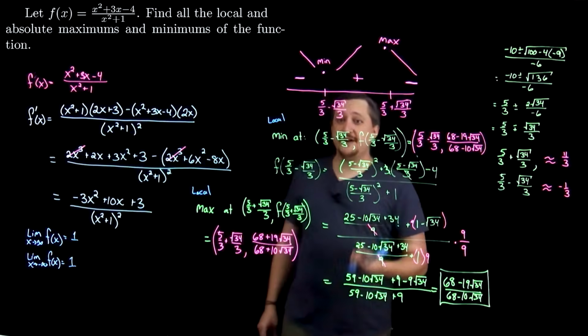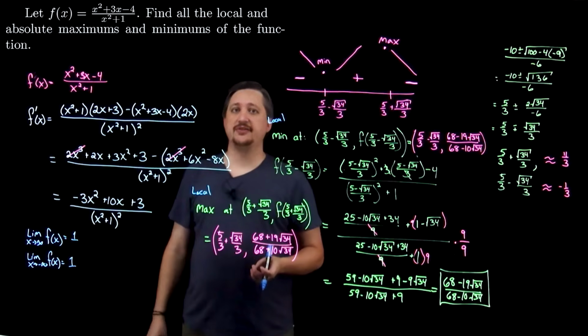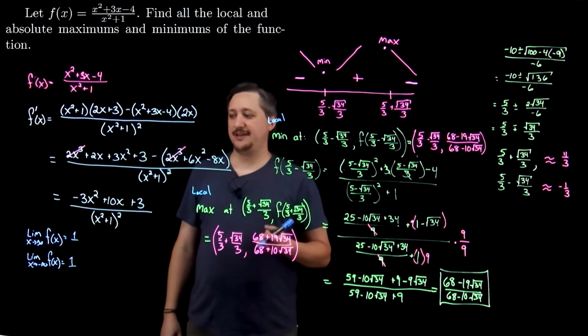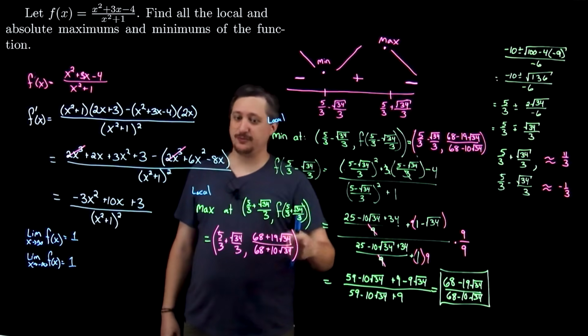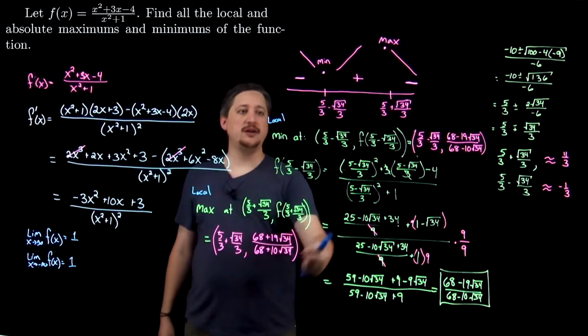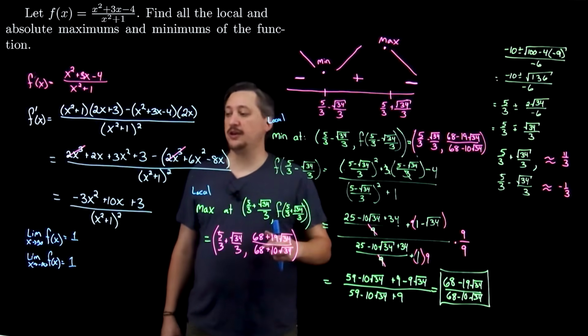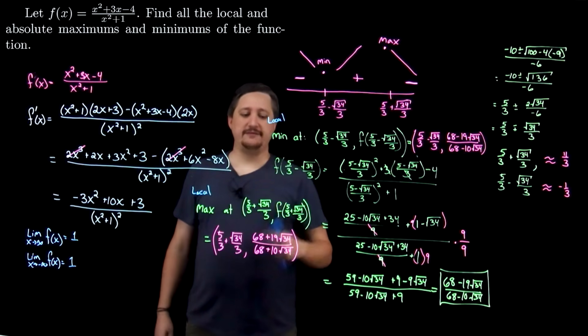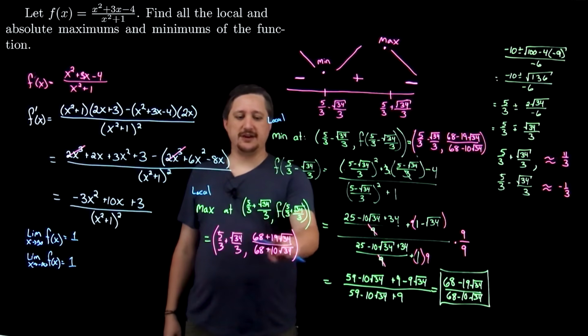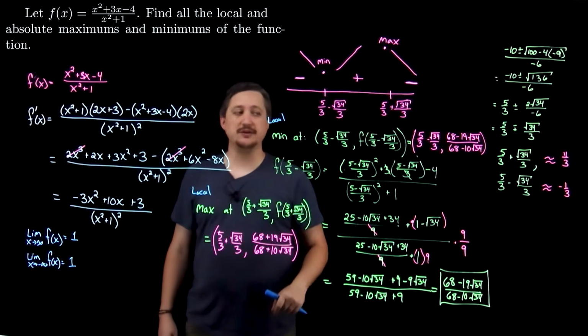Since these things are finite, if the max is bigger than 1, and if the min is smaller than 1, then those are going to be absolute mins and maxes. And in fact, we can see immediately that the top here is bigger than the bottom because it's bigger by 9 root 34.